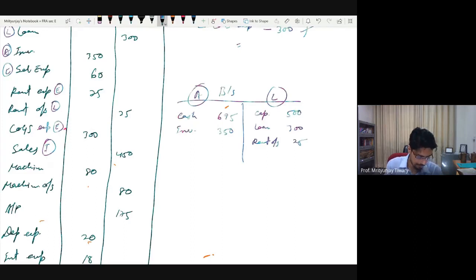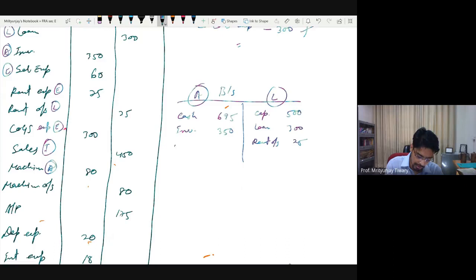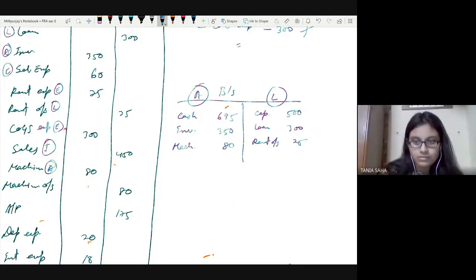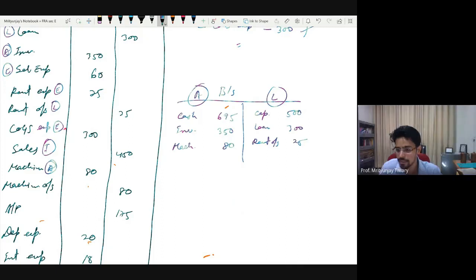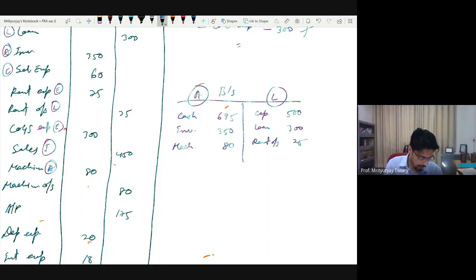Machinery, what is this? Asset. Okay, so I will transfer it into the asset side. I will call machine here and put 80. Machine outstanding. Is it an expense or liability? Liability. If you remember what this item represented, this 80 lakh rupees represented that you have bought the machine but you have not paid yet.